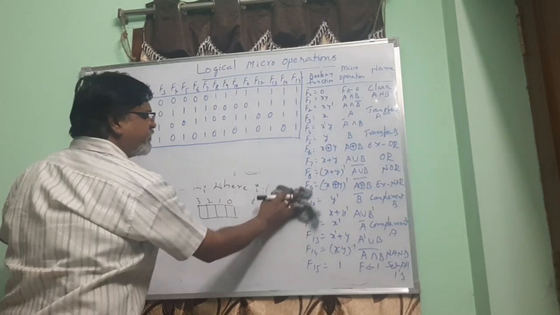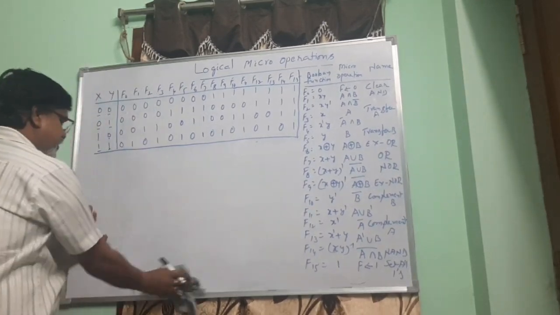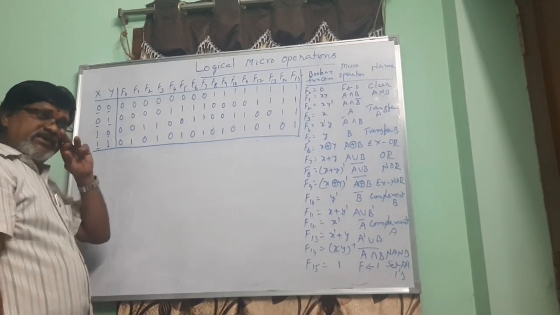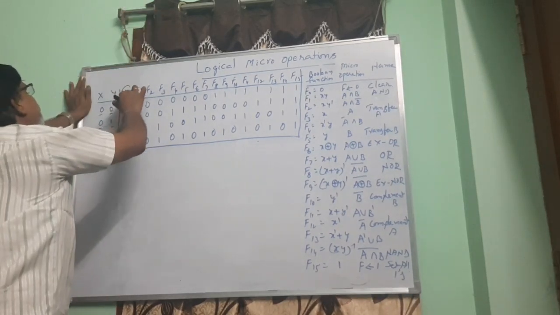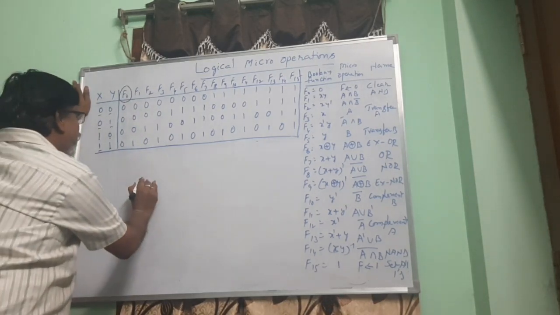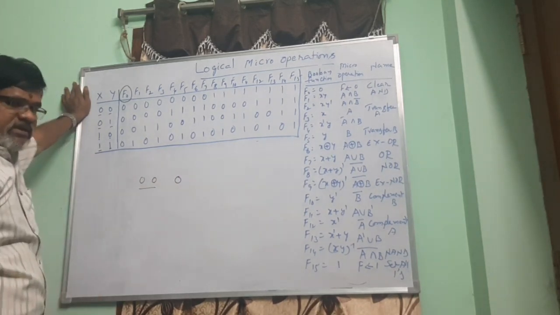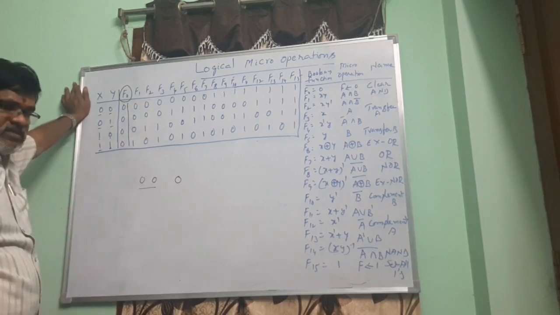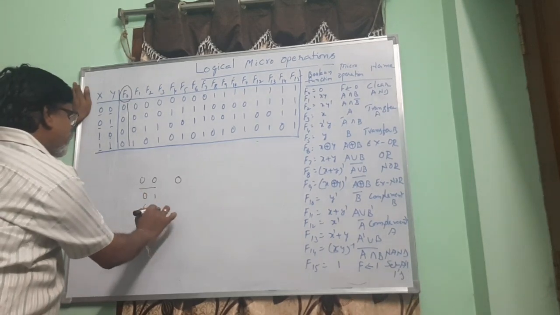Now there are different Boolean functions we can achieve with these combinations. The first function here is f0. When the inputs are 0, 0, its value may be 0. Let's assume all 0, 0, 0, 0. Then for 0, 1, 1, 0, and 1, 1.